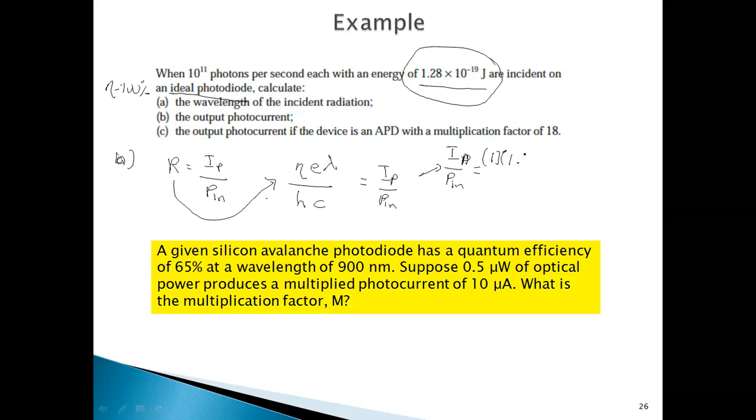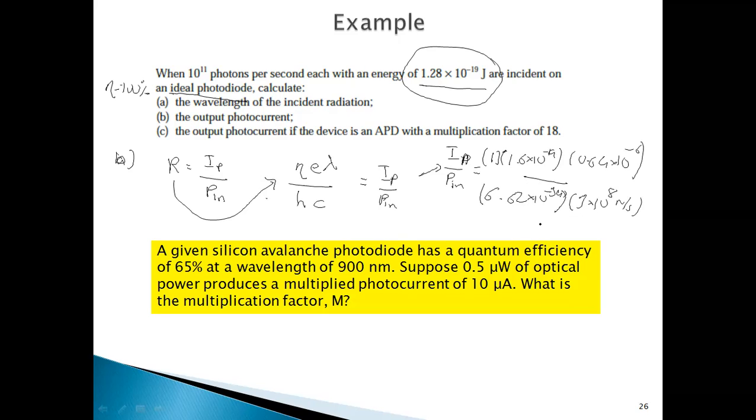E will be 1.6 times 10 to the negative 19 joule. Lambda is 0.64 times 10 to the negative 6 meter, divided by H, which is 6.62 times 10 to the negative 34 joule seconds, whereas C is 3 times 10 to the power of 8 meter per second.